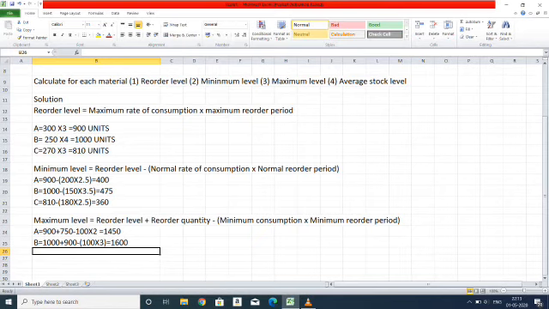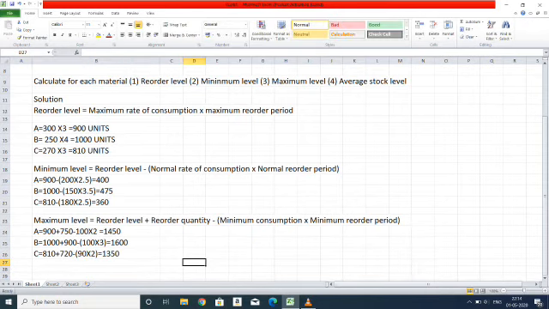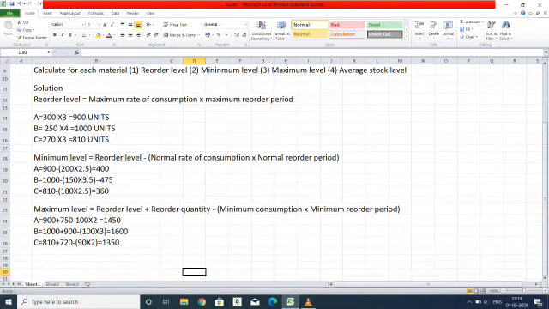Then in case of C, reorder level 810, which we already calculated, plus reorder quantity given in question 720, minus their minimum consumption 90 into their minimum reorder period 2, that is equal to 1350.